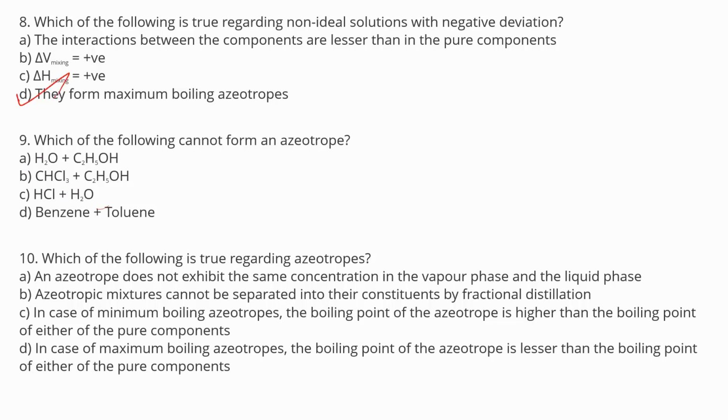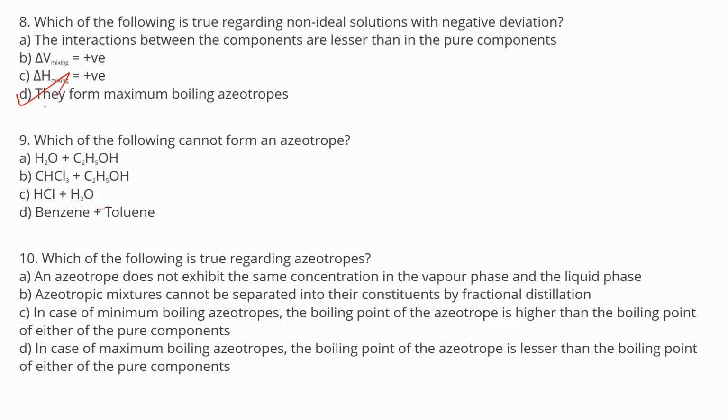Option D will be the correct answer, because with a negative deviation the vapor pressure decreases. When the vapor pressure decreases, to boil that liquid solution we need more temperature.